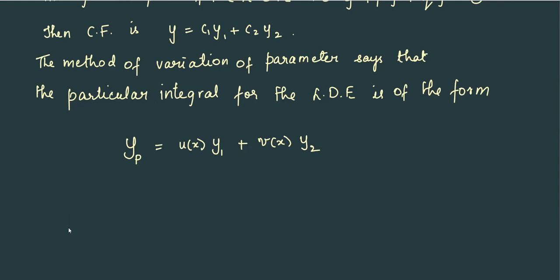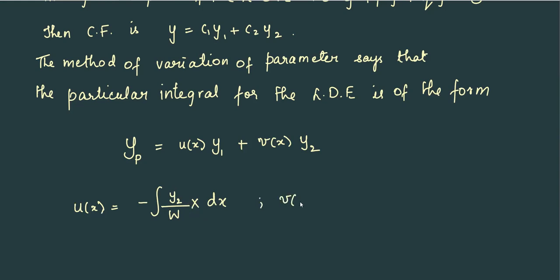What we get is u of x as minus the integral of y2 upon W times X, the right hand side of the differential equation.